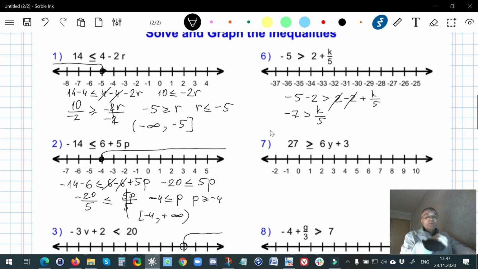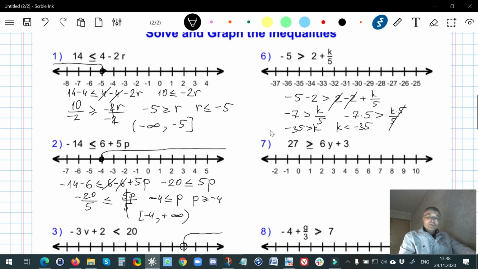We multiply by positive 5, so we don't change the sign. It's negative 7 times 5 greater than k over 5 times 5. It cancels. So negative 35 is greater than k. We can rewrite it as k is less than negative 35.